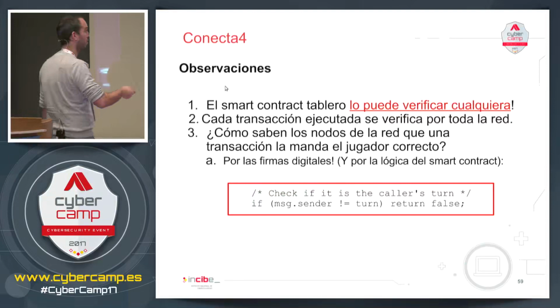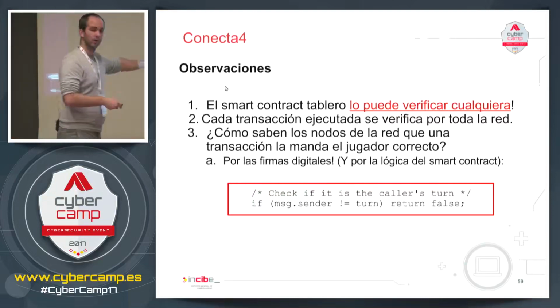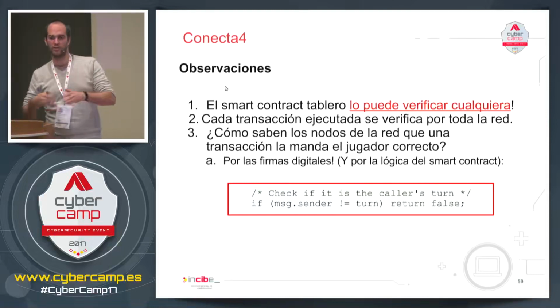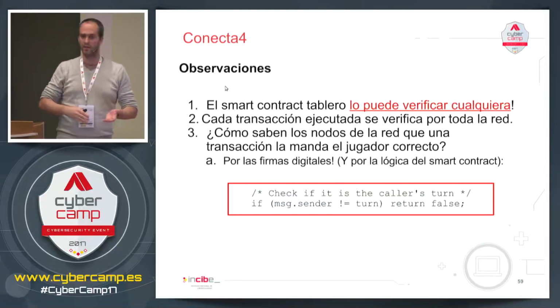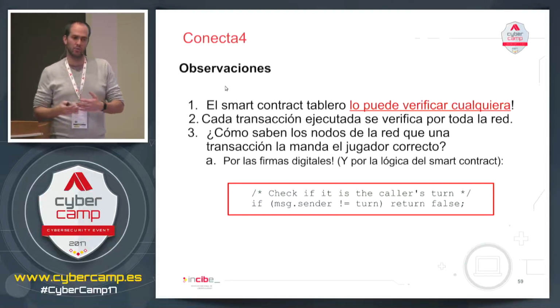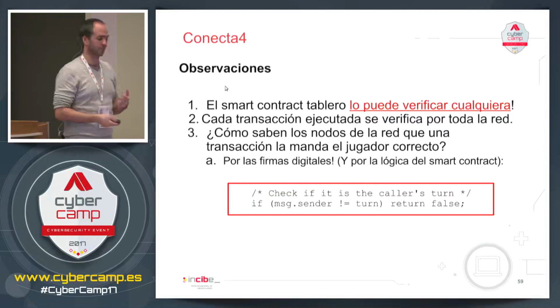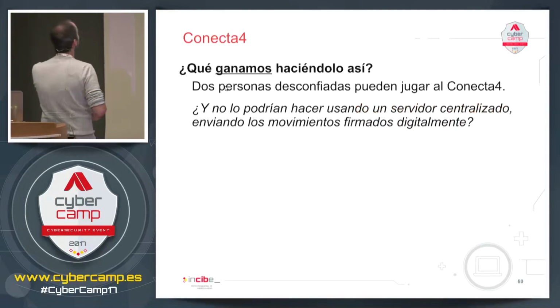It doesn't carry on running. If it's the same, below you've got more logic to see if it's the winning movement. And if it hasn't been the winning movement, then it updates the board and tells the next player that it's his turn.